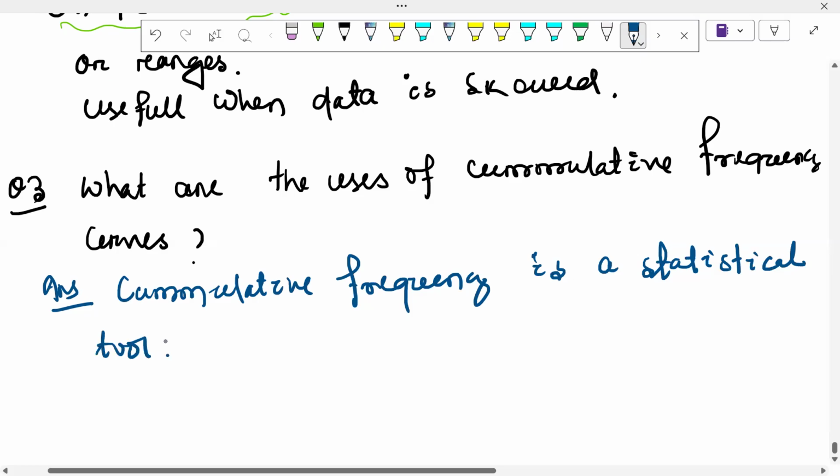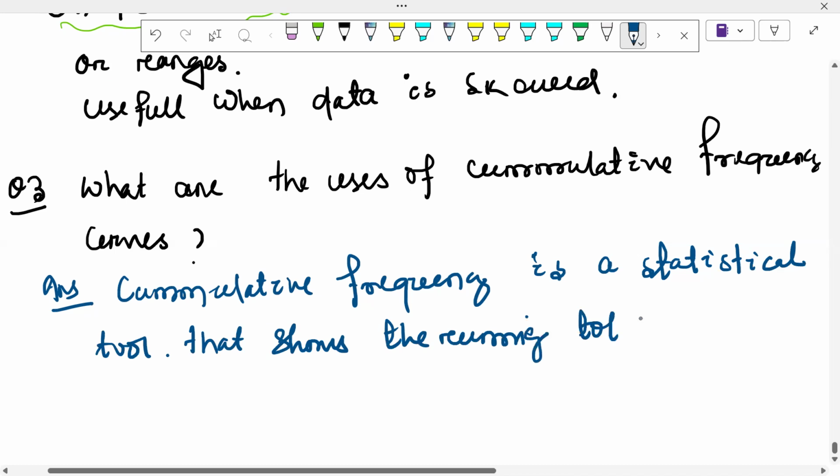Cumulative frequency is a statistical tool that shows the running total frequencies.